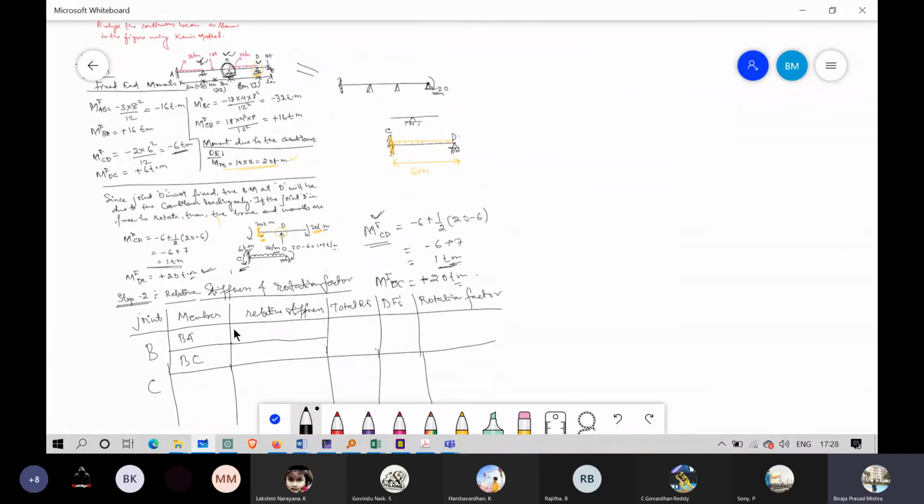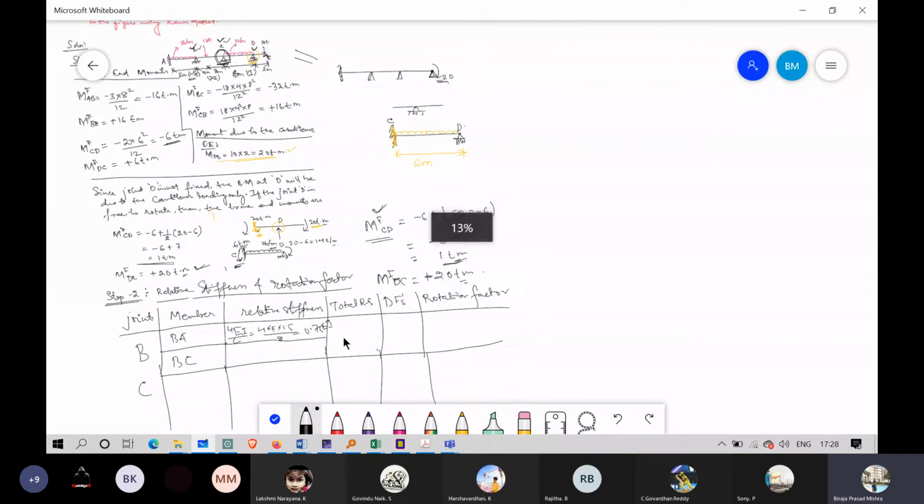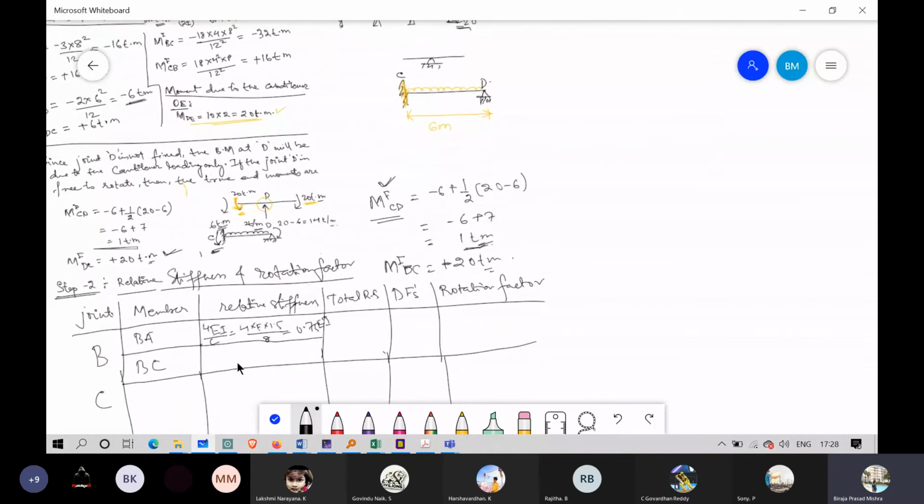So it will be BA. A is fixed, so it will be 4EI by L. So again, I is 1.5I. So 4 into E into 1.5 divided by the length, which is 8. So how much is it coming? 0.75 EI. Okay, so please all of you check your figures. I'm writing the values directly.